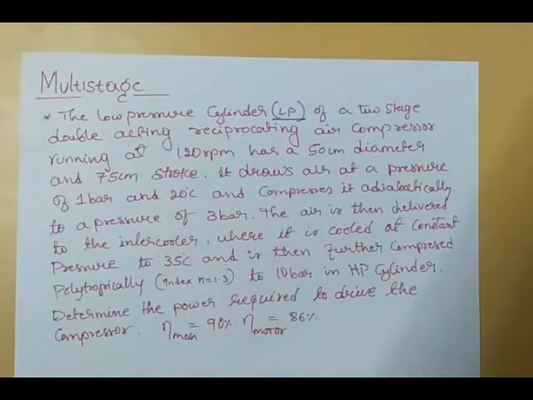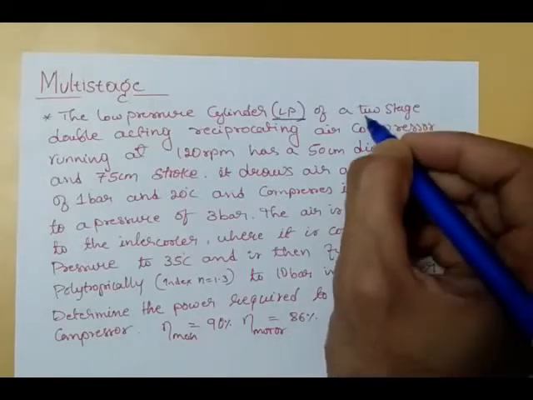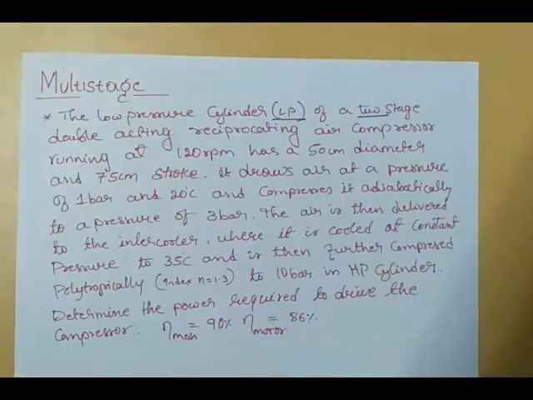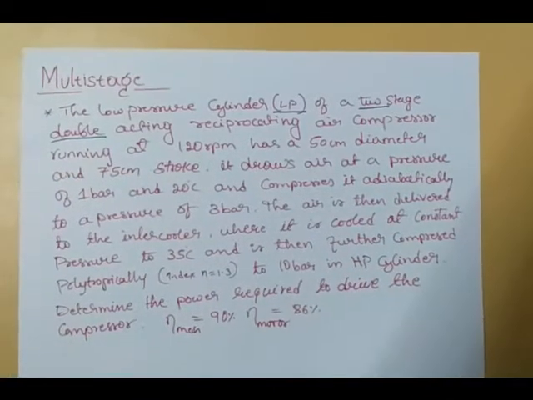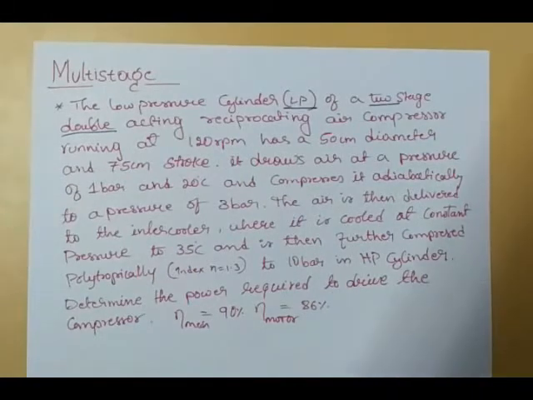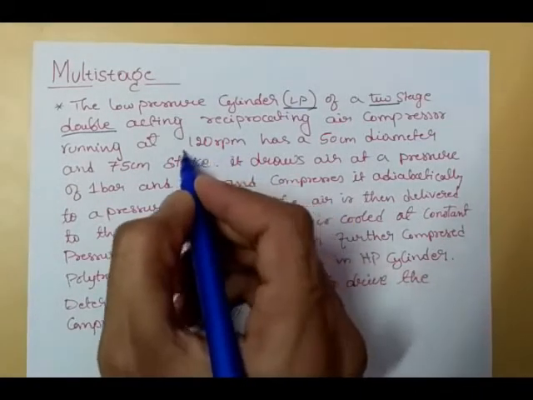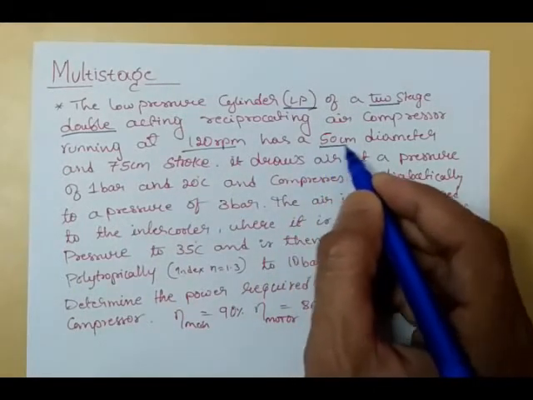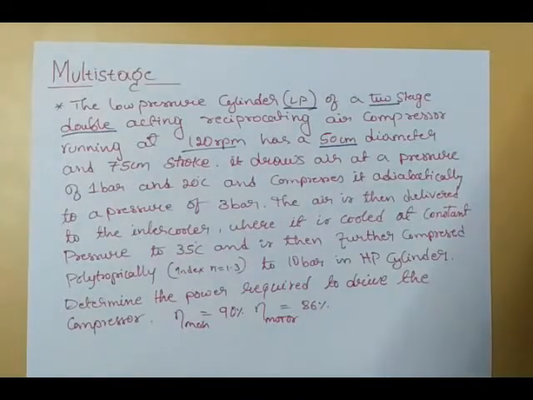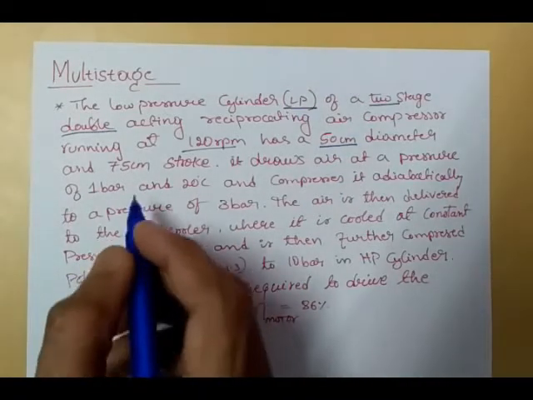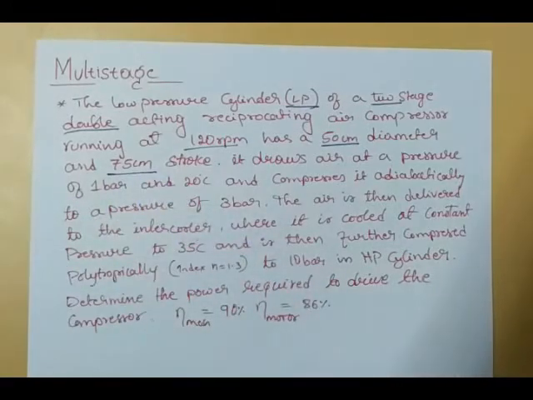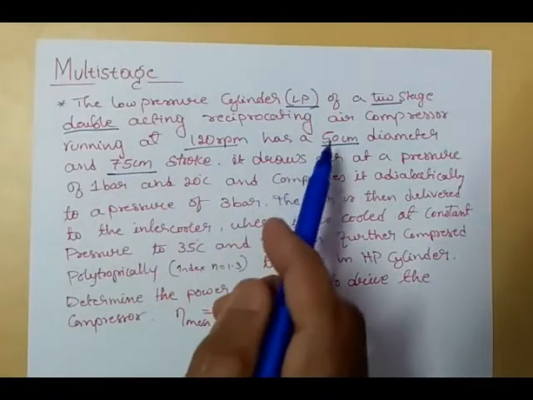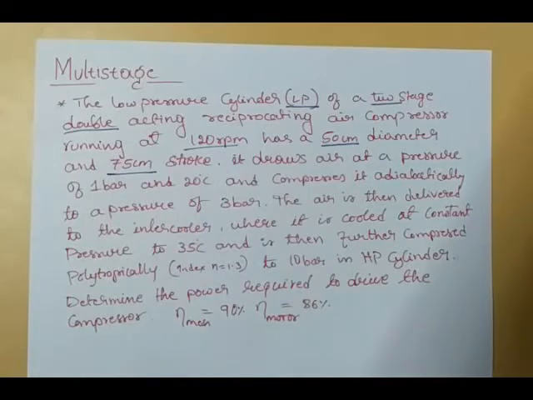So in the low pressure cylinder of a two-stage, double acting reciprocating compressor, it is running at 120 rpm and it has a 50 centimeter cylinder diameter, and the stroke length is 75 centimeter. So these two will give us the volume of the cylinder.